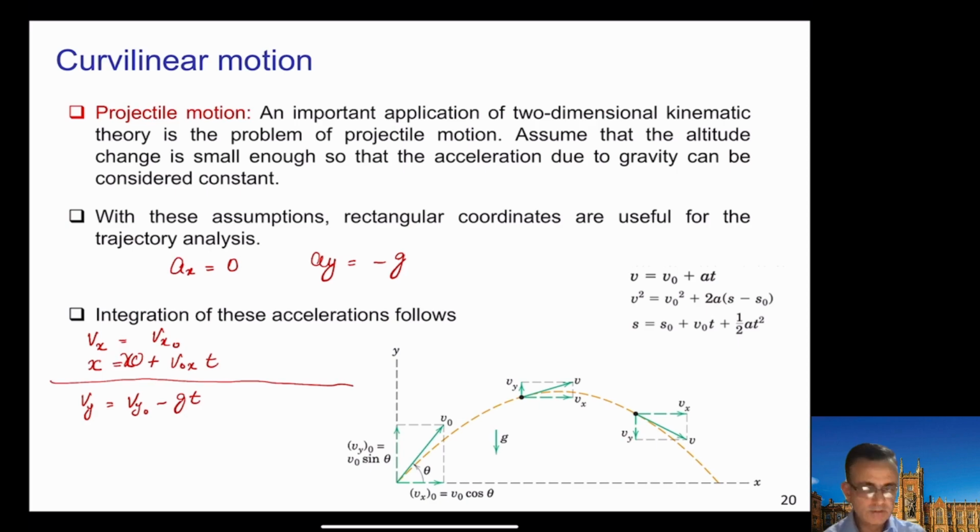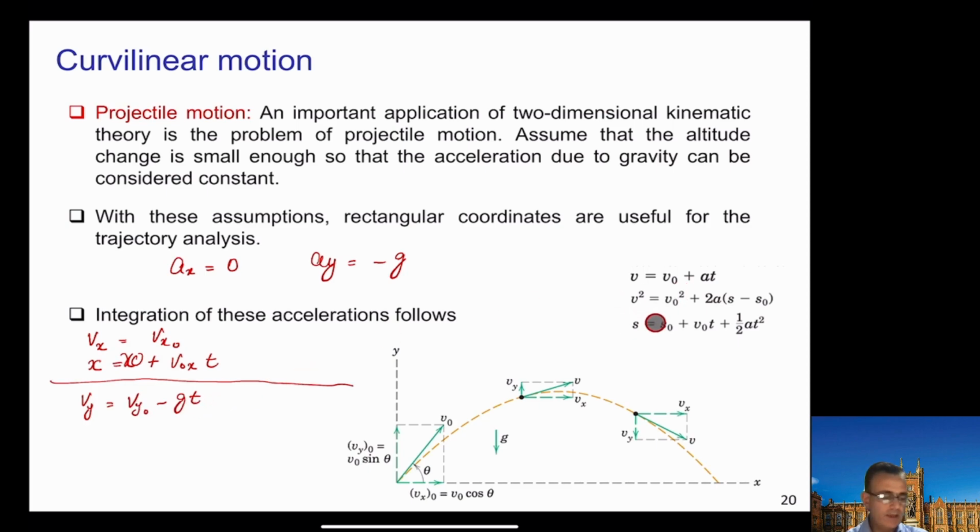This will be the velocity along this projectile in the y direction. So for example, if you are interested in calculating this velocity or this velocity, you can use this equation here: vy equals vy naught minus gt.